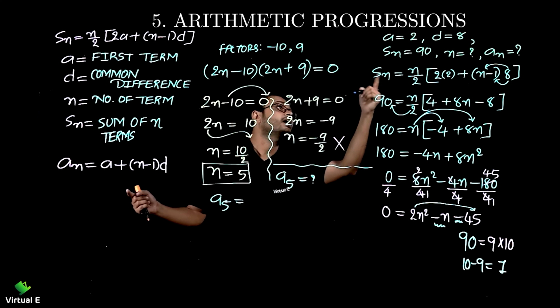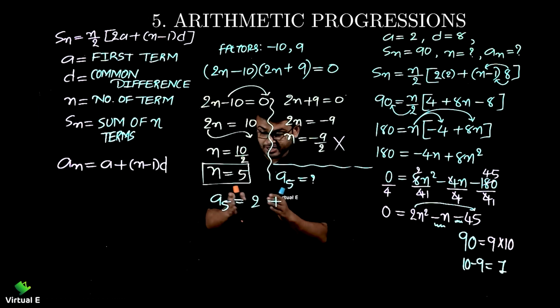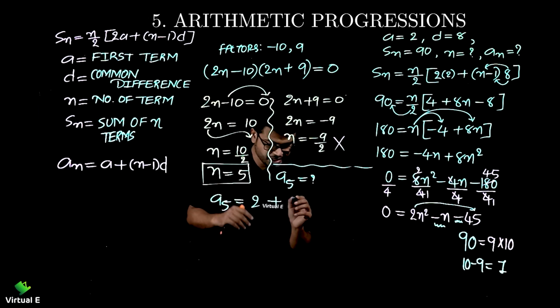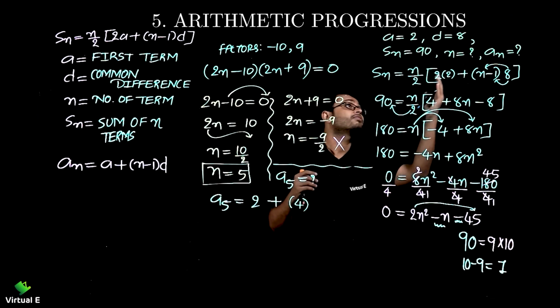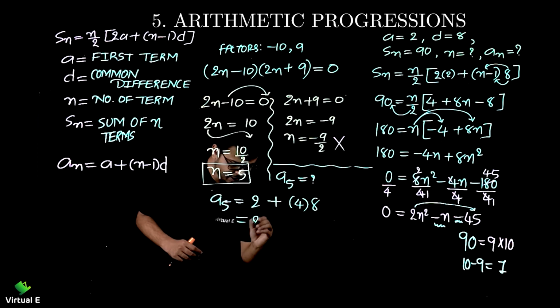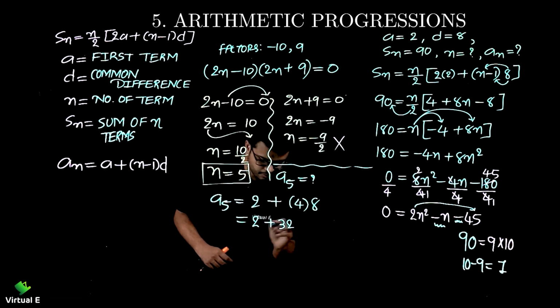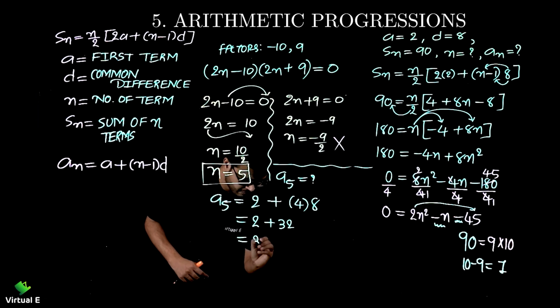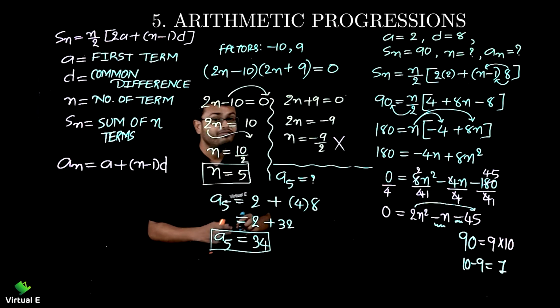What's the value of a? 2. Then n minus 1. What is the value of n? 5. So 5 minus 1 is 4. Simple. Then d. What is the value of d given in the question? 8. So let's simplify. 8 4s are 32, and 32 plus 2 will give you 34. So that is my value of an, or you can also say a5.